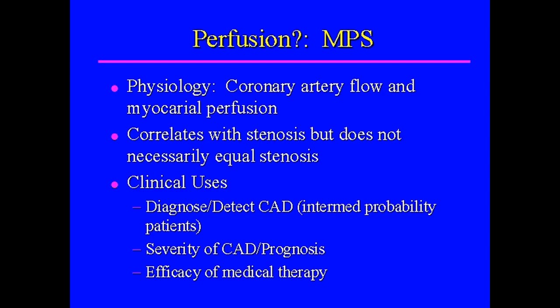It's best done in those who have an intermediate pretest likelihood of this disease. We also want to look at severity in patients with known coronary disease, overall prognosis, and sometimes even the efficacy of medical therapy. And of course, what's not listed here is determining intervention if it's needed, such as PTCA or CABG.